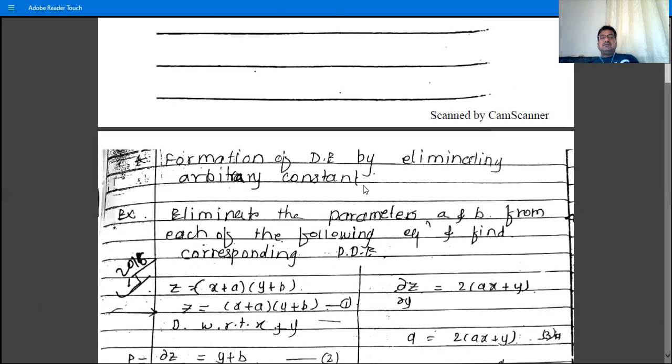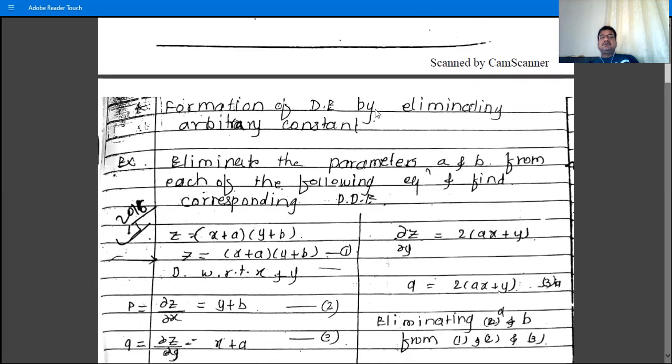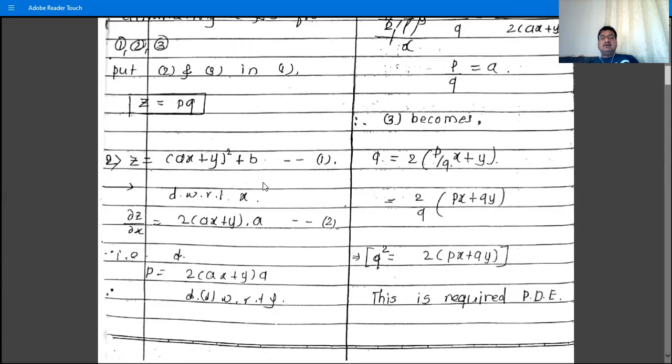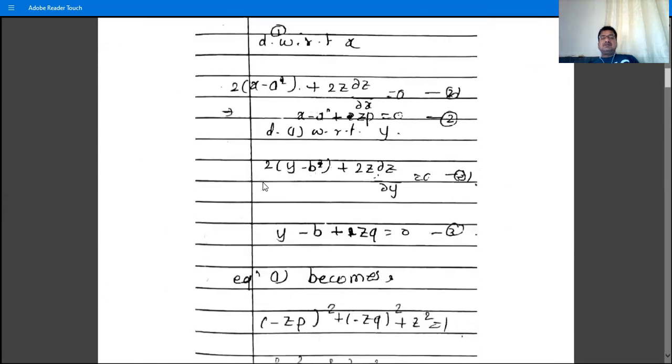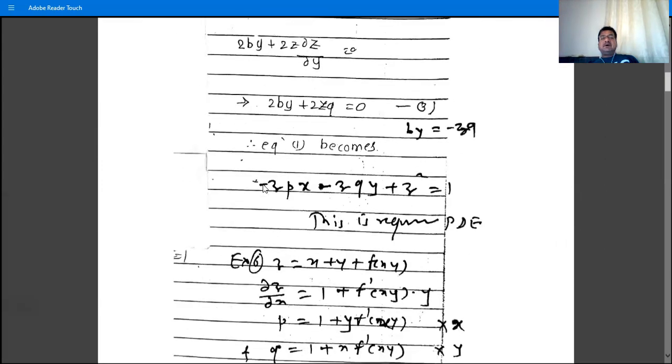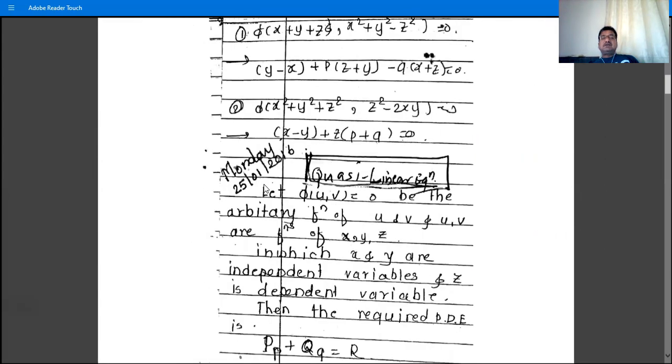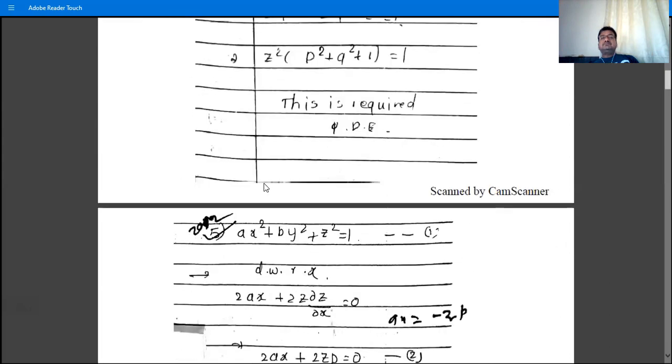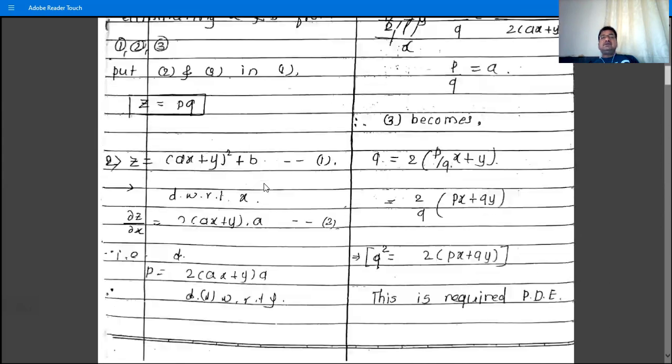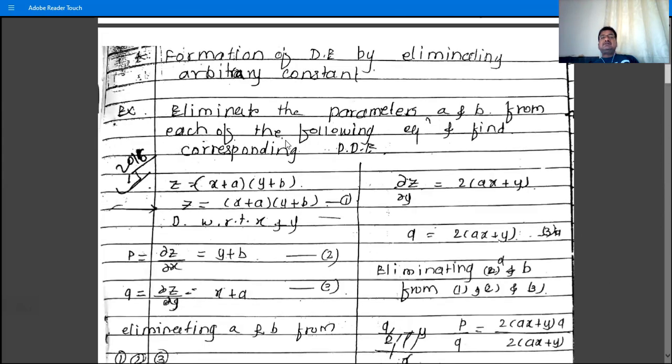So these are the problems of formation of partial differential equation. Next is formation of a differential equation by eliminating arbitrary constants. Again, the same type of problem: we have to eliminate the arbitrary constants and form the partial differential equation. We will see these problems in the next lecture.